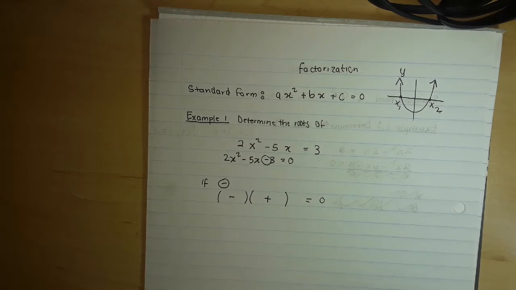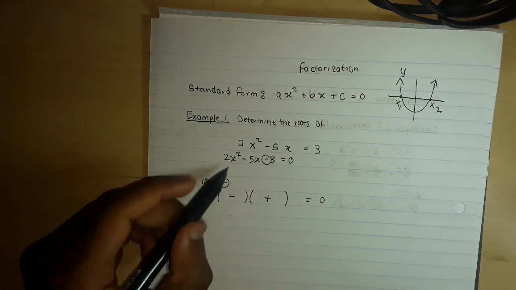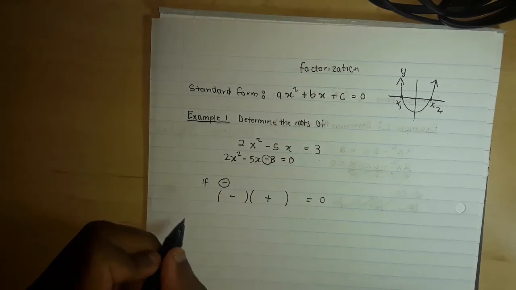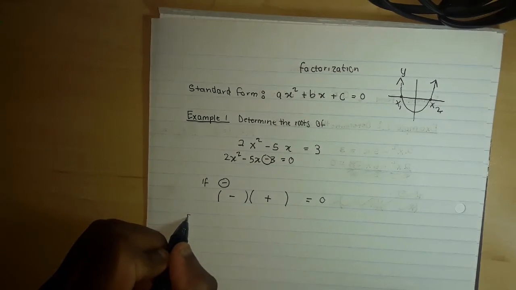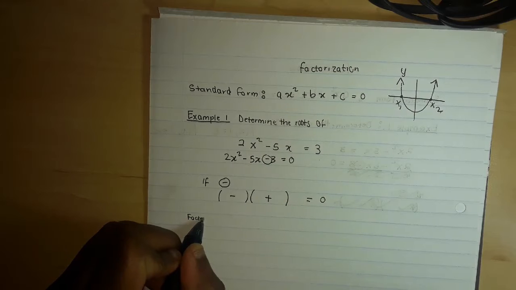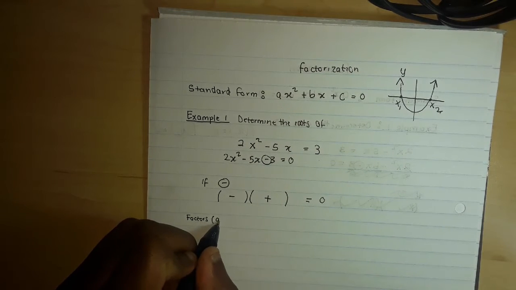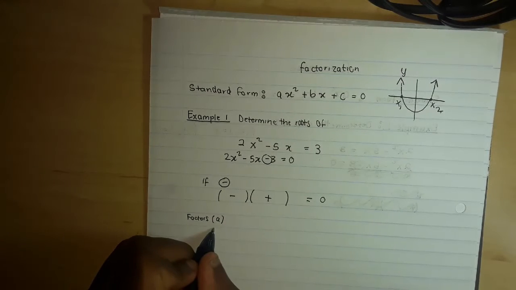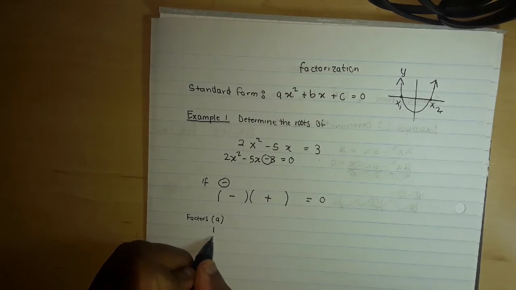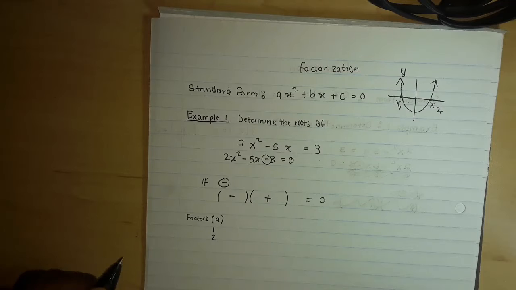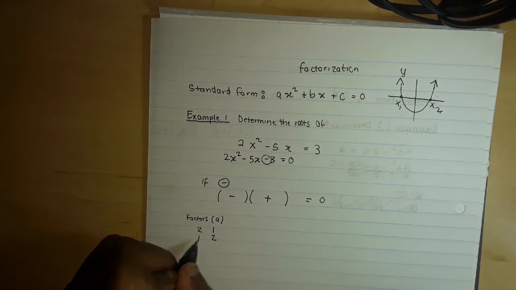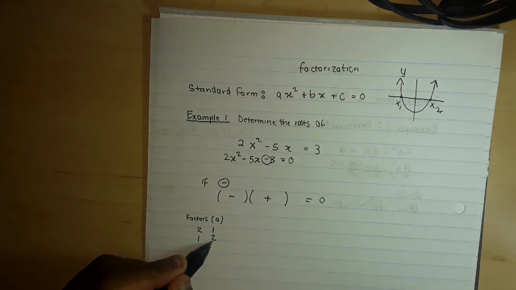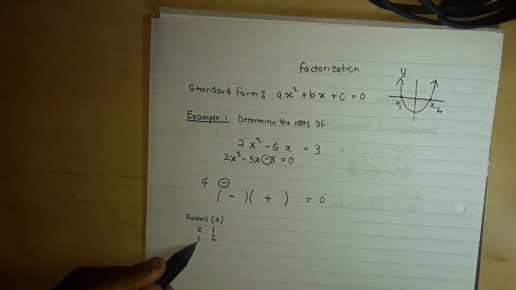The next thing that we do is write the factors of the first term, the factors of a. The factors of 2 are 1 and 2: 1 times 2 is 2, 2 times 1 is 2.